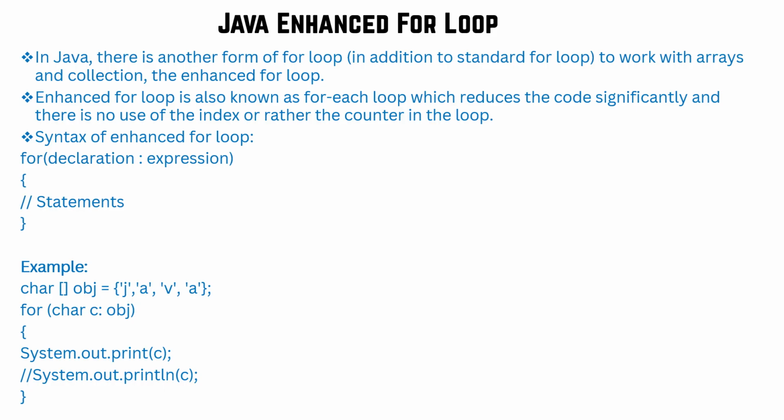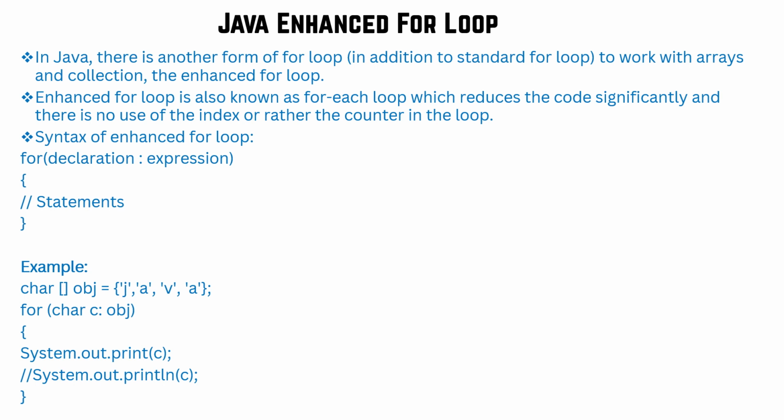So the enhanced for loop, also known as for each loop, reduces the code significantly, and there is no use of the index, or rather the counter, in the loop.